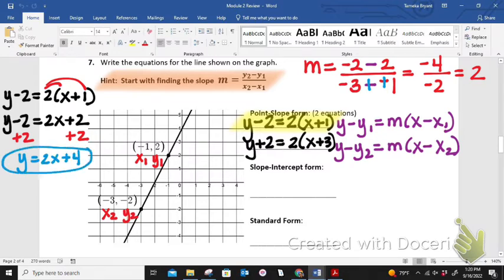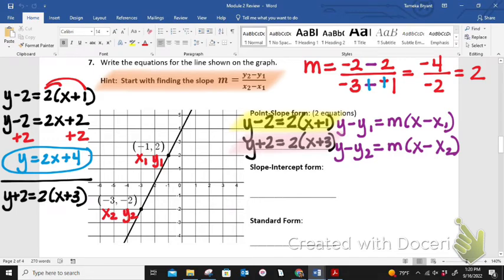So let's just make sure, though, that's what we get. Let's do it again, except this time let's use the second equation. So try to do it again using the one I have highlighted in pink. Use that equation and solve it for y. So y plus 2 equals 2, and then x plus 3. Same thing.